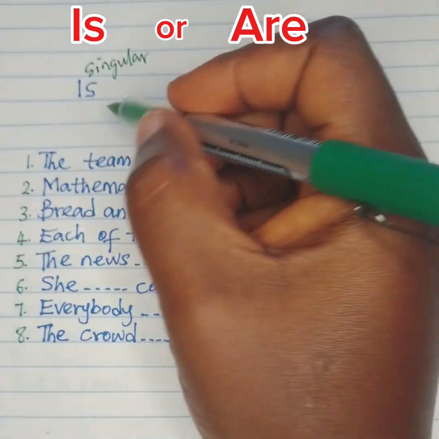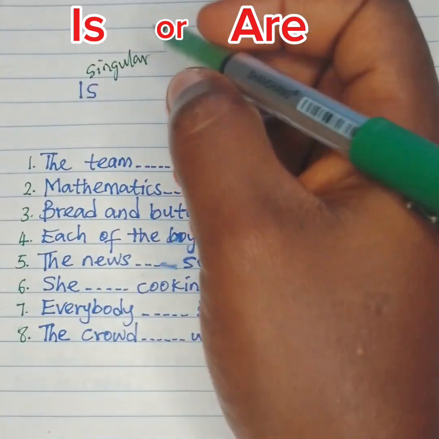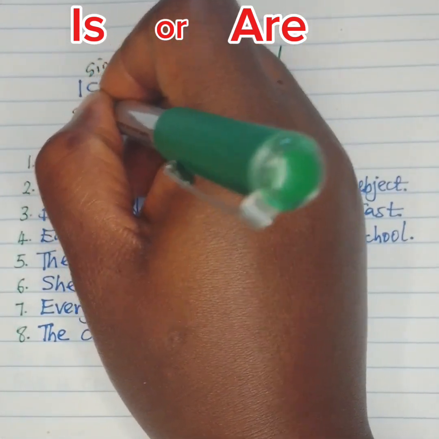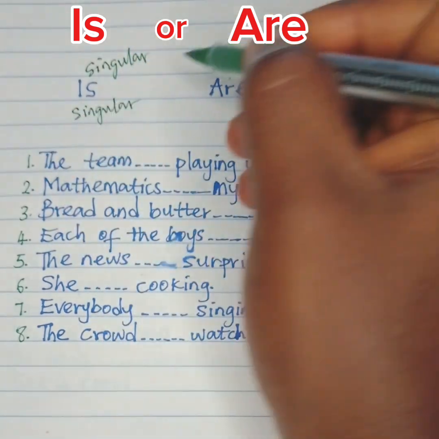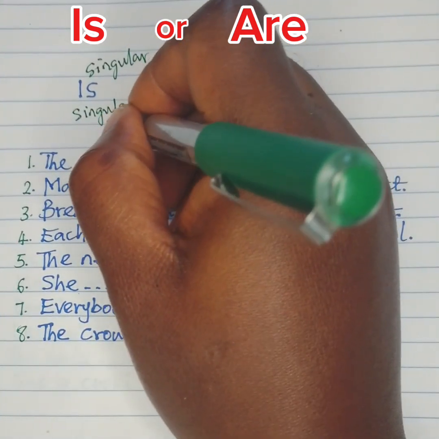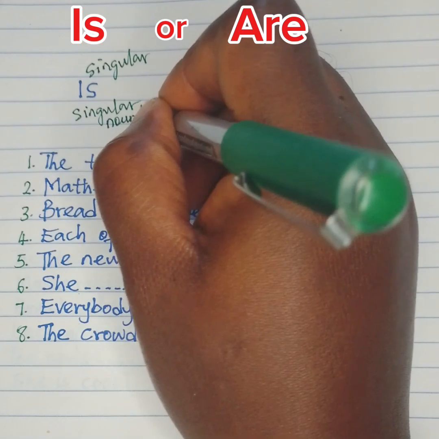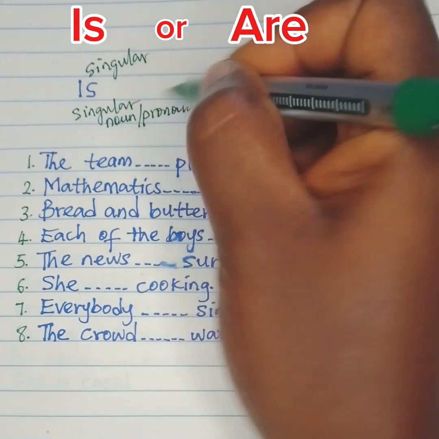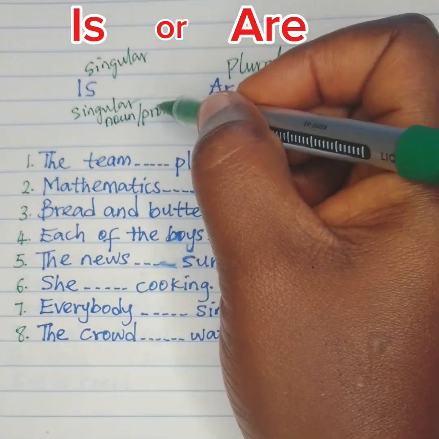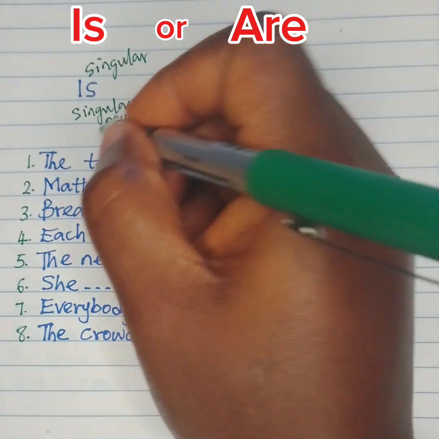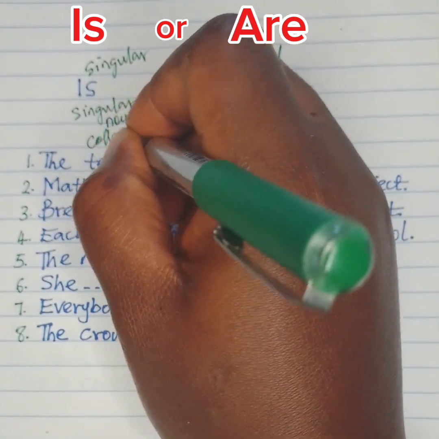Now, is is used in a sentence when the keyword is a singular noun or pronoun. Okay, it is also used when the keyword is a collective noun.